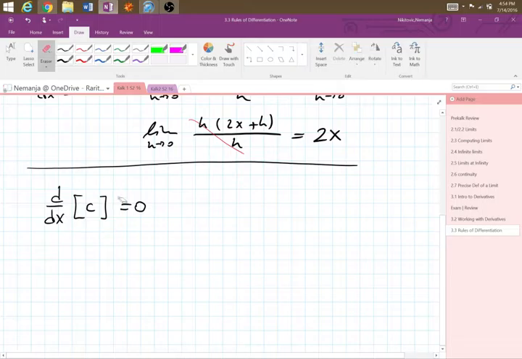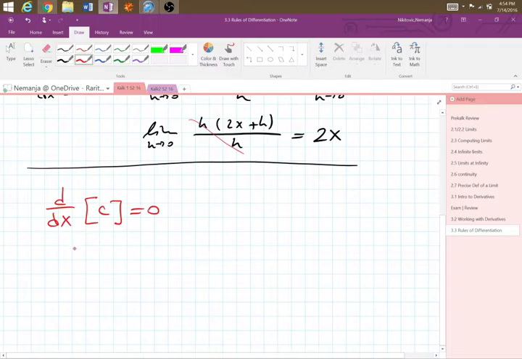Maybe I'm going to do these rules in red. So the derivative of a constant is 0. The next piece is that the derivative of x to some exponent n is n x to the n minus 1.